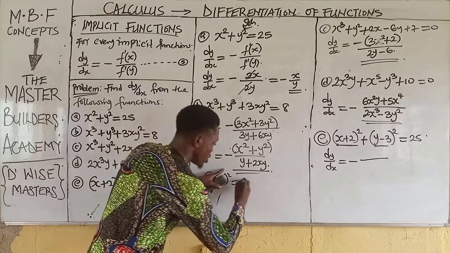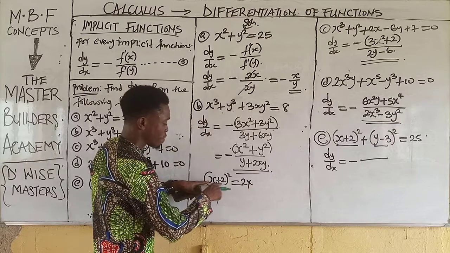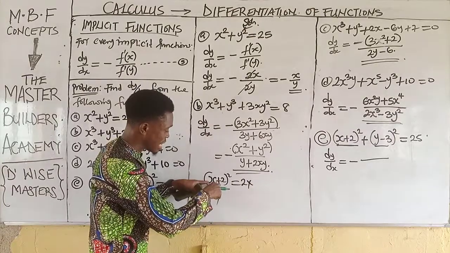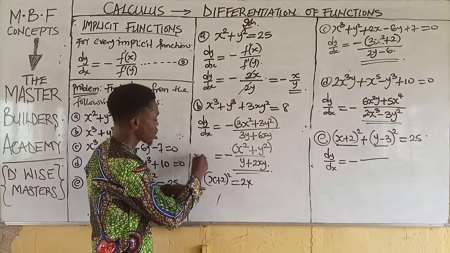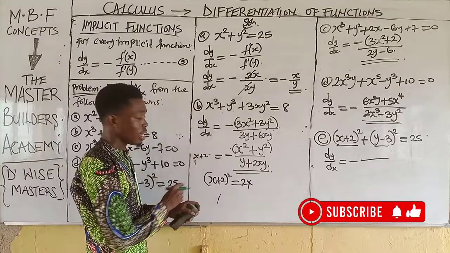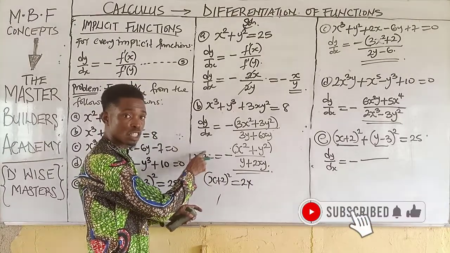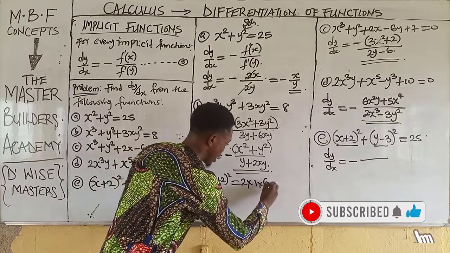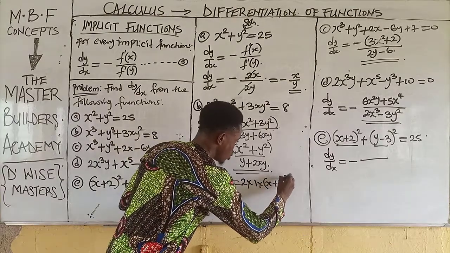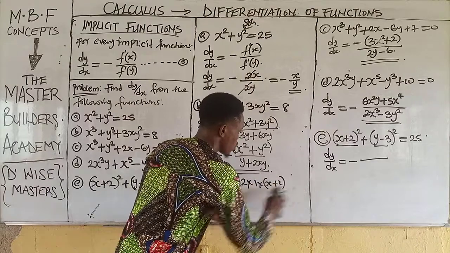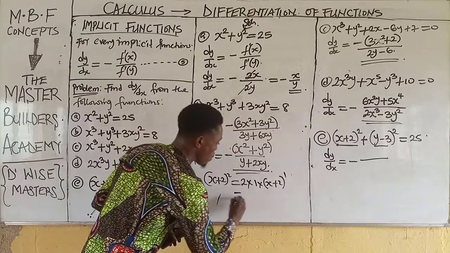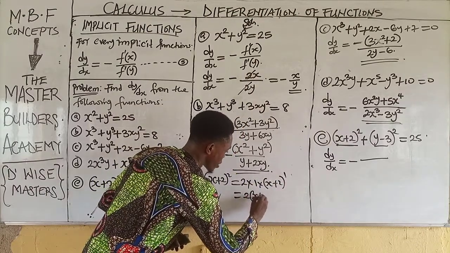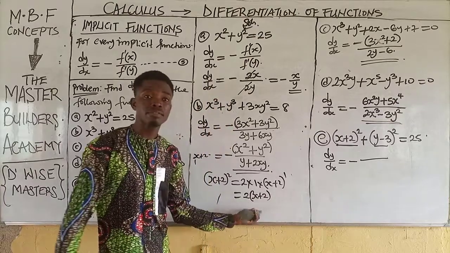Bring down the power, which is 2, multiply by the derivative of the function of x inside the bracket. So if I differentiate x plus 2, I will have 1. When you differentiate x, you have 1. When you differentiate 2, you have 0. So I multiply by 1, then multiply by the bracket repeated and reduce the power by 1, which will give us 1. And when we multiply, this will give us 2 into x plus 2. Is this taken? That's it.